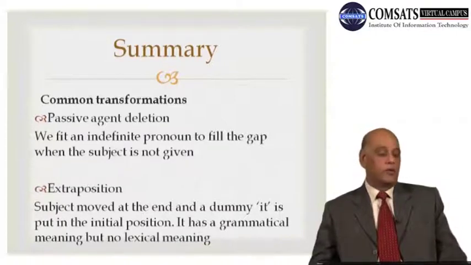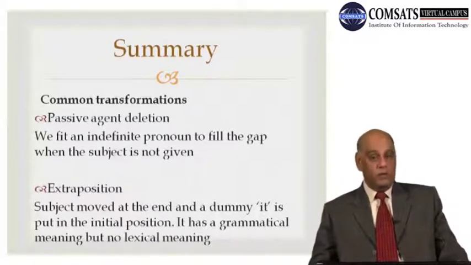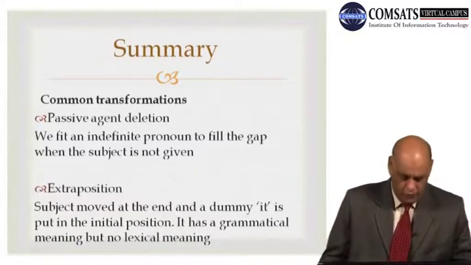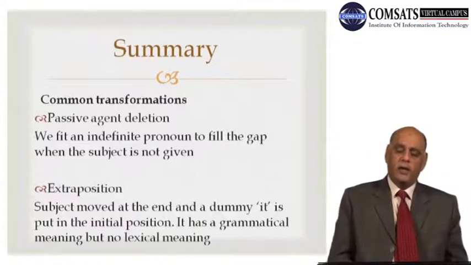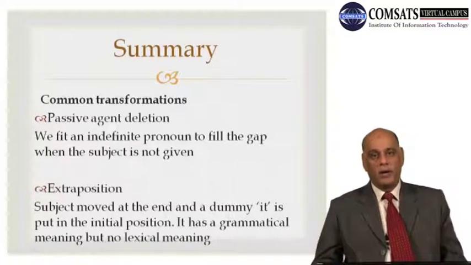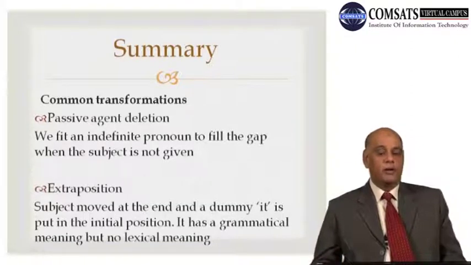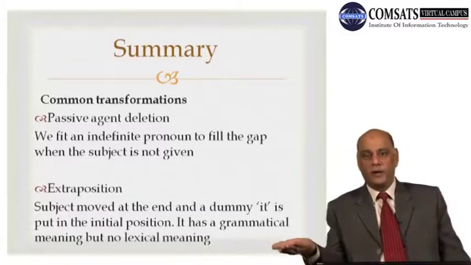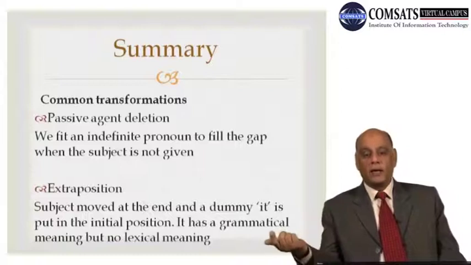So what do we do when we change them to active voice, the powerful sentences or the deep structures? In order to analyze them, we here introduce an indefinite pronoun, like it, like somebody, like John ate the cake, John hit his friend, John wrote a letter.